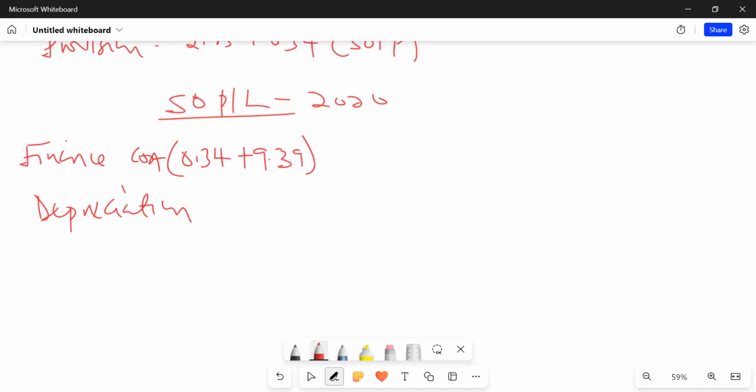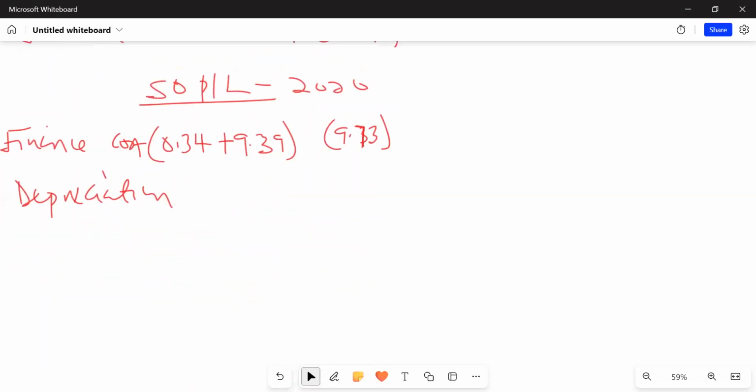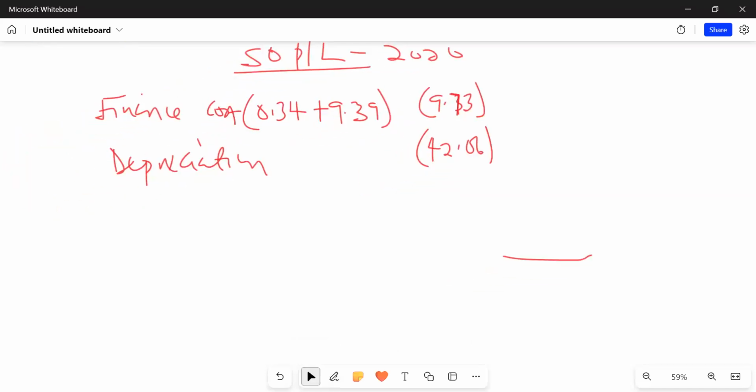Then we come to depreciation. We have done the depreciation figure already, that is 42.06. So this is for the statement of profit or loss.